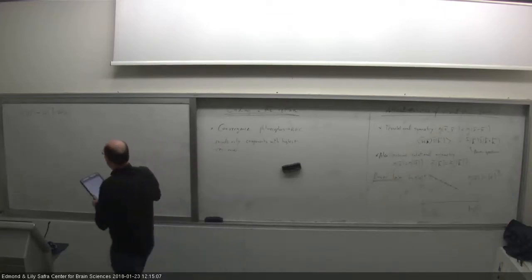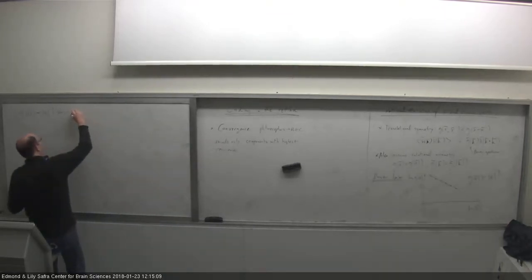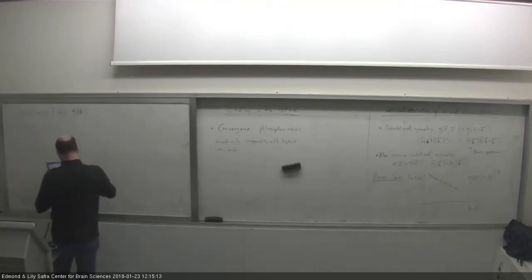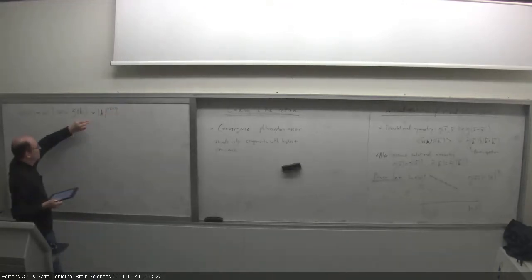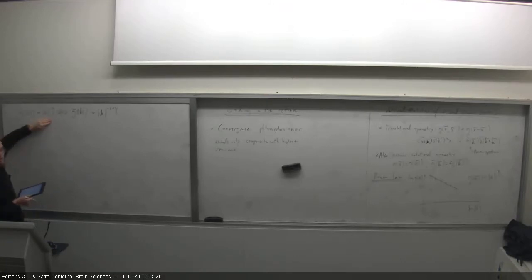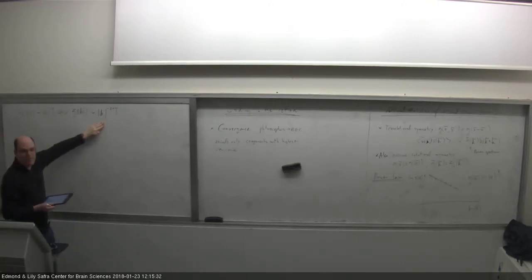It implies that g of k is proportional to k to the minus 2 plus eta in 2 dimensions. We're dealing here with 2-dimensional objects, okay? So if you take this function and calculate its Fourier transform, that's what you get, okay?